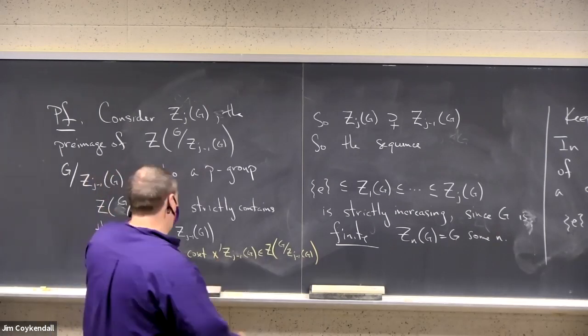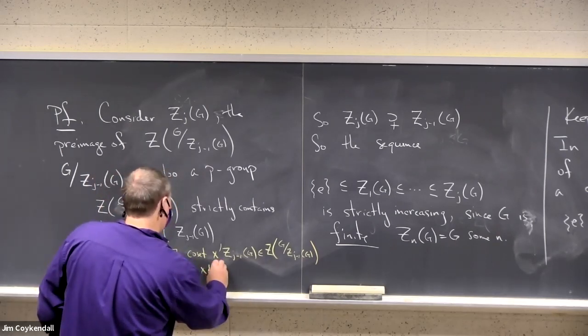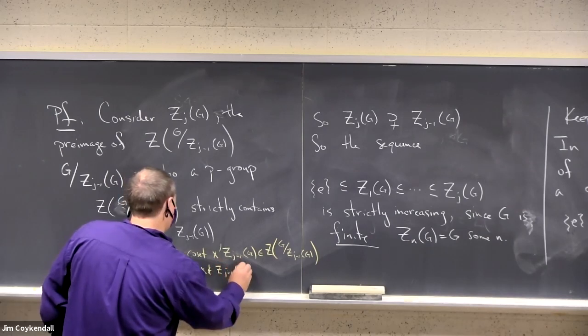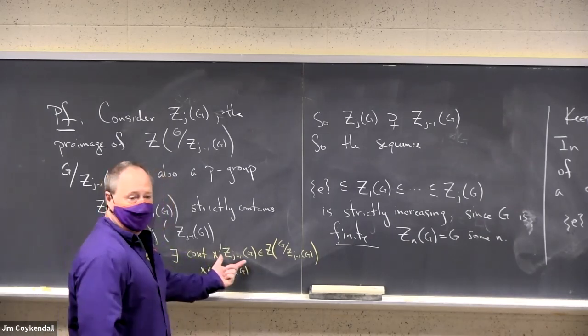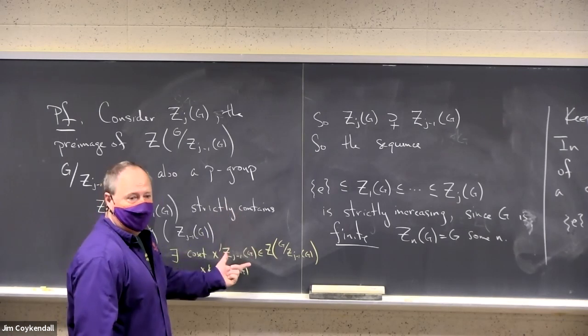You agree with that, where x is not in C_{j-1}G. So there's a non-trivial element of the center, right? Assuming that this wasn't the identity of the group.